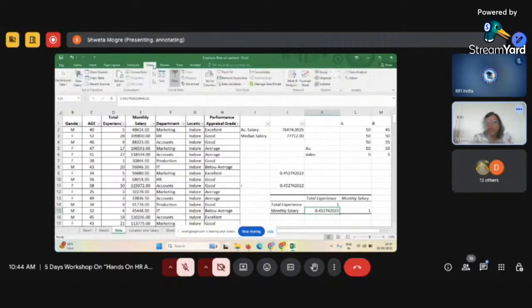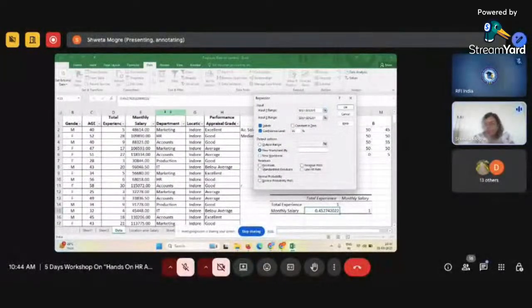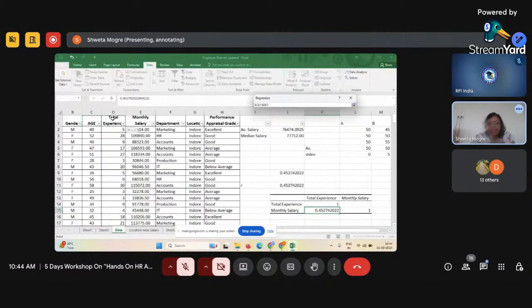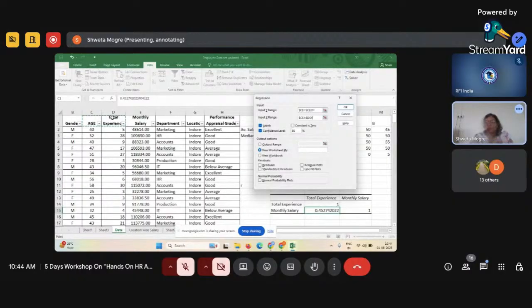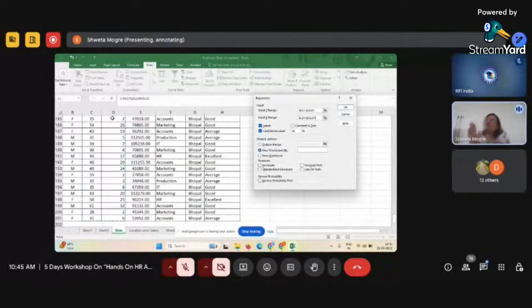So what I will do, I click on Data, I click on Data Analysis, I click on Regression, and now in Input Y Range, it will remain the same, E1 to E201, but in place of the X range, I will select C and D simultaneously with Control Shift Down Arrow key. Now Excel gets the idea that in the X range you are giving me a range of 2 columns.